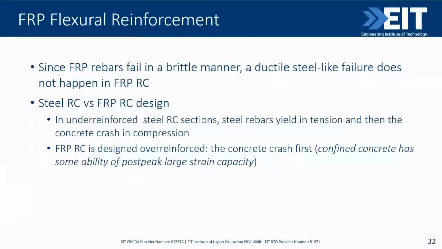What happens with the FRP is essentially over-reinforced because the concrete will crush under compression first, before the very strong rebars will yield. They do not yield, but they fail. Well, it is actually possible because concrete does have some post-peak strain capacity.